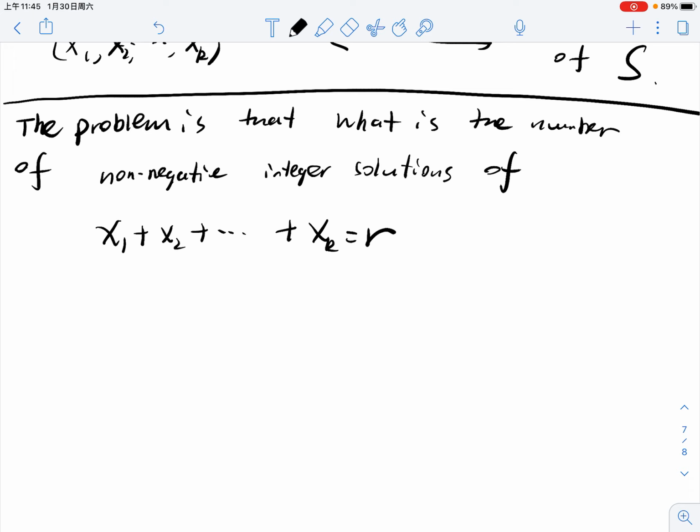So that's a slightly different way in combinatorics, the discrete world, and the continuous world in calculus. In the discrete world, usually we consider those indeterminate equations. That means you have many solutions, and our purpose is just to find out the number of solutions.